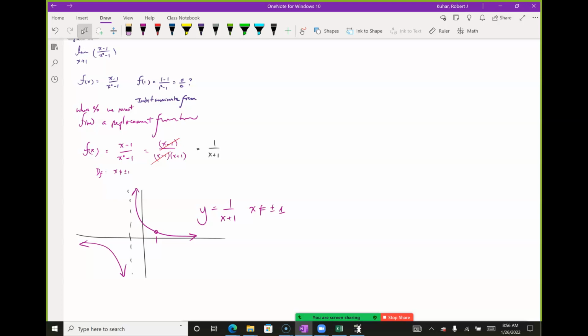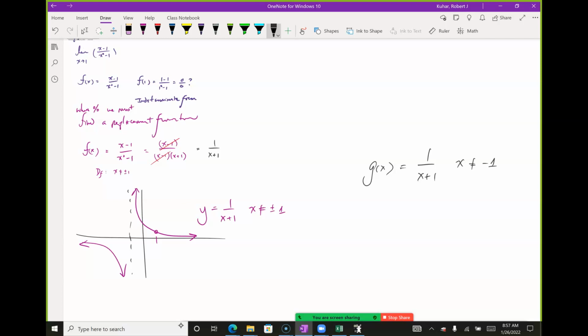So what I want to do is replace this function with an exact duplicate that fills the hole so that I could find the height. And that function turns out to be g of x with the domain of x does not equal negative 1. So notice, right?